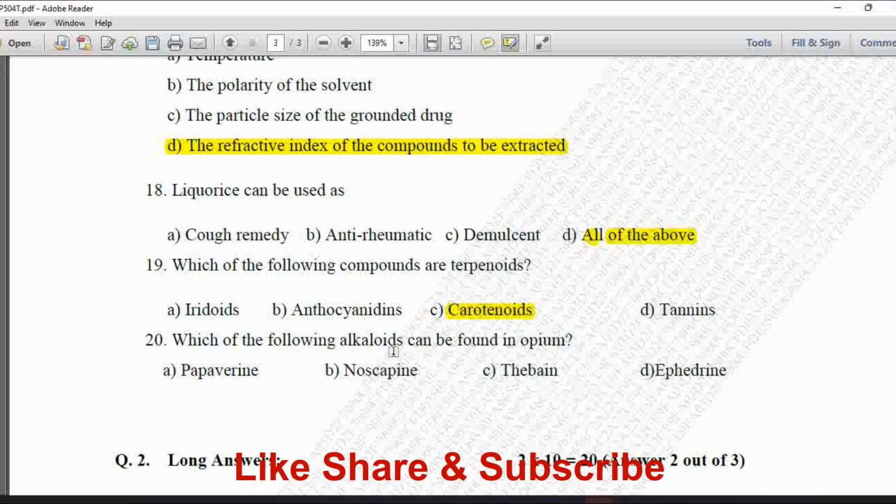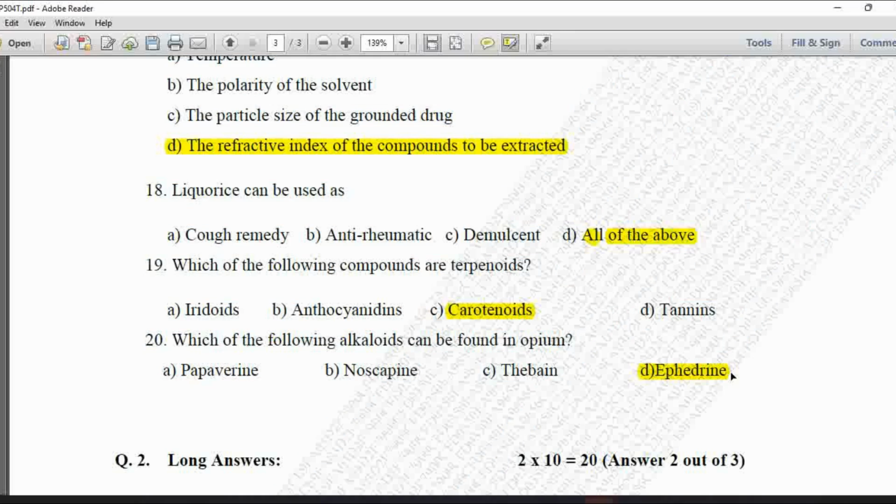The alkaloids which are found in opium are papaverine, noscapine, and thebaine. So here we cannot predict the correct answer for this MCQ because the question is wrongly asked. And if the question were, which of the following is not an alkaloid found in opium, then it would be ephedrine.